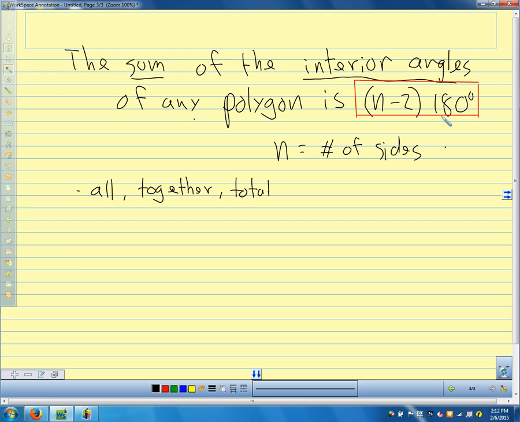In a square, we know that all the angles add up to 360 degrees. We want to know what one of them is. We divide 360 by 4, because each of the 4 are exactly the same.